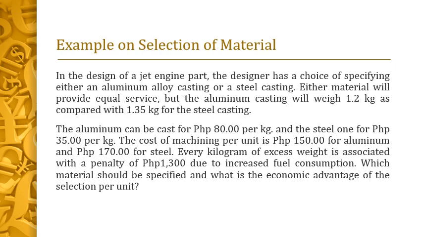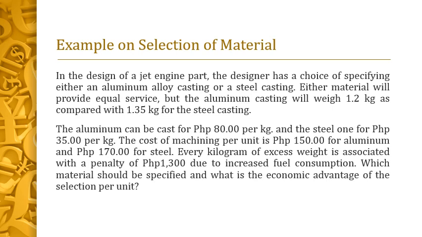Example on selection of material. In the design of a jet engine part, the designer has a choice of specifying either an aluminum alloy casting or a steel casting. Either material will provide equal service, but the aluminum casting will weigh 1.2 kilograms as compared with 1.35 kilograms for the steel casting.